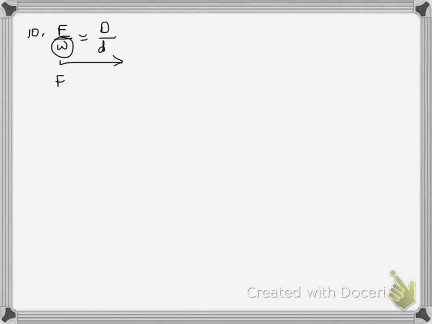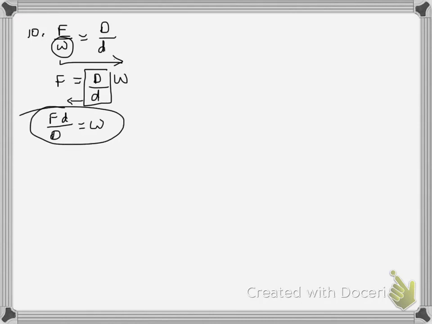I'm going to get F equals D over d times W, and then I'm going to take this to the other side, because I'm solving for W, by multiplying by the reciprocal. So F small d over capital D equals W.